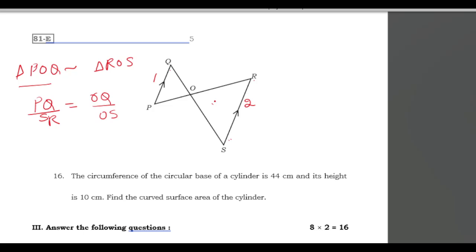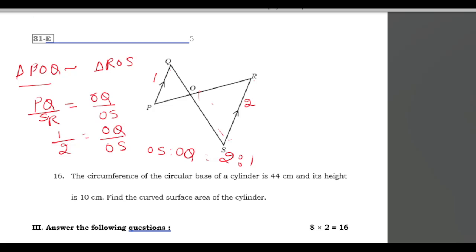So PQ divided by RS, the ratio, that is 1 by 2, is equal to OQ by OS. For the answer, OS is to OQ, the ratio will become 2 is to 1. This is the answer for the question.